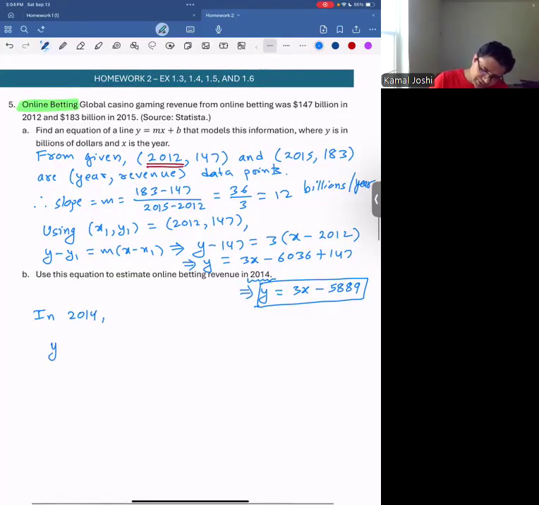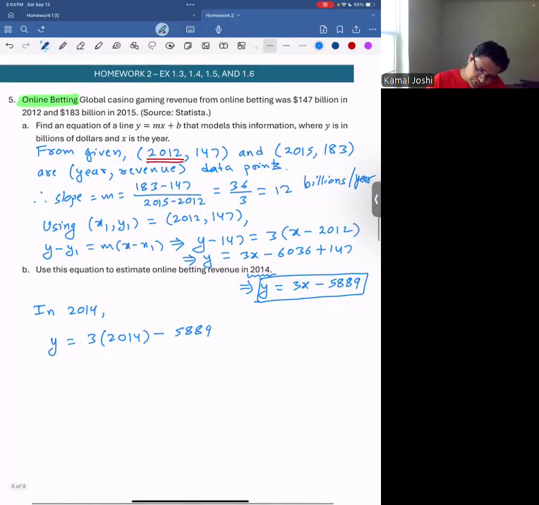So y will be 12 times 2014 minus 23997, which will be 24168 minus 23997. So that's going to be 171.